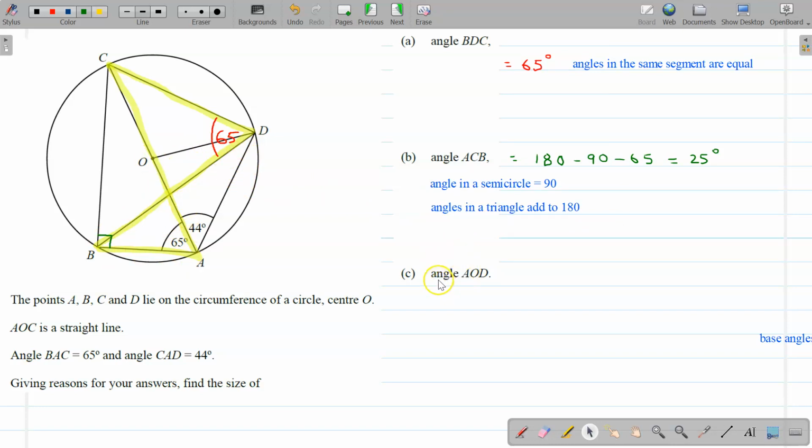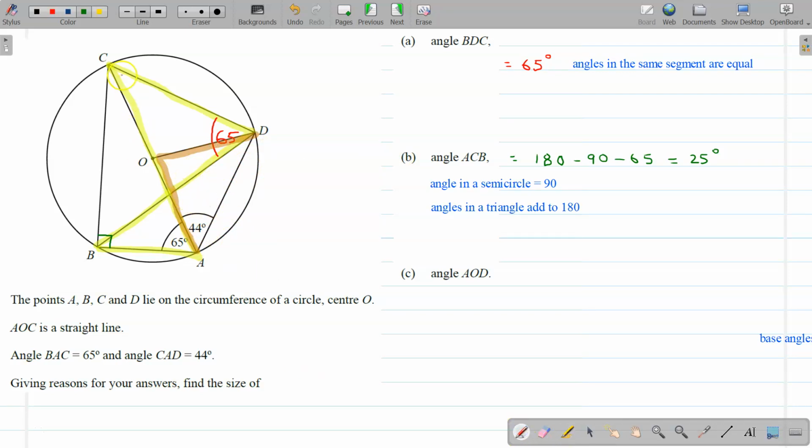Now that forms an isosceles triangle, so let me just highlight this in a different color. This is from A to O to D. Now, that's an isosceles triangle.